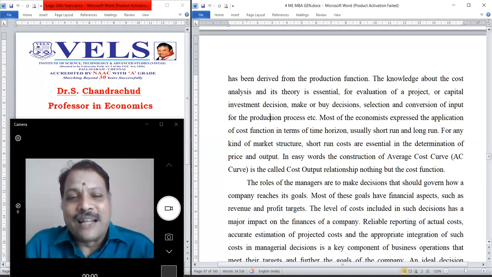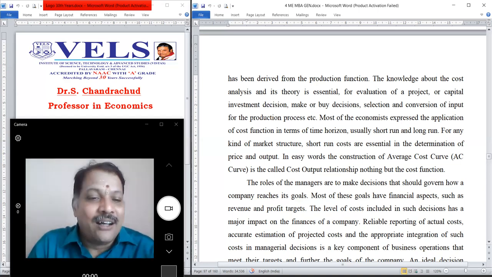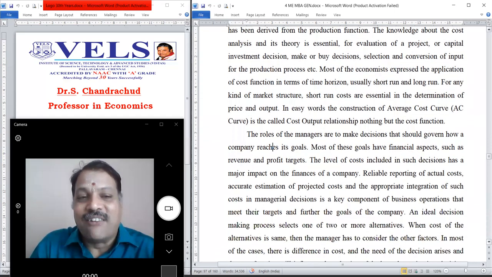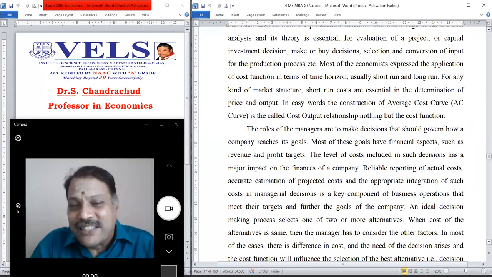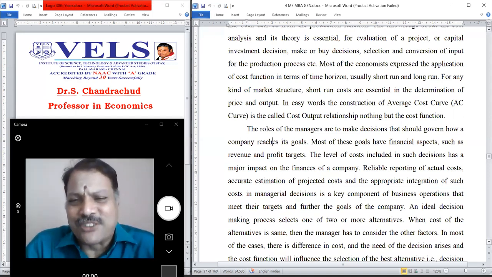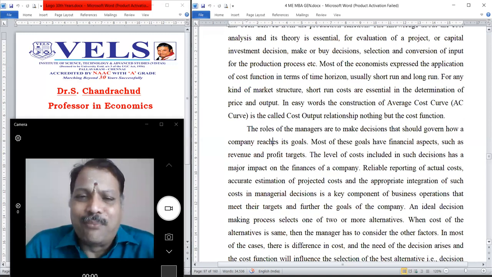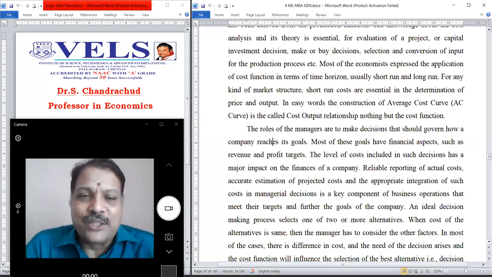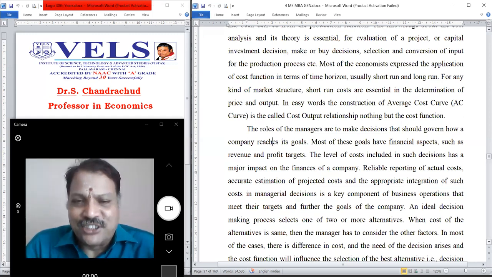The role of the manager is to make a decision that should govern how the company reaches its goal. Most of these goals have financial aspects such as revenue and profit targets. The level of cost included in such a decision has a major impact on the finance part of the company.